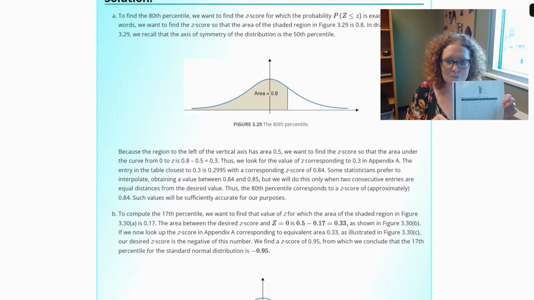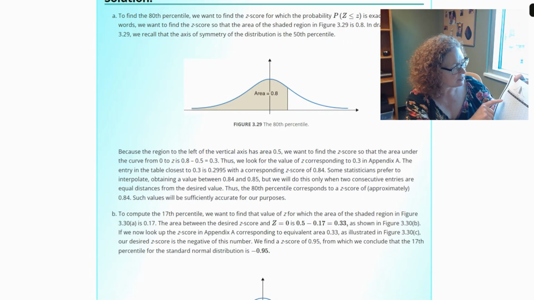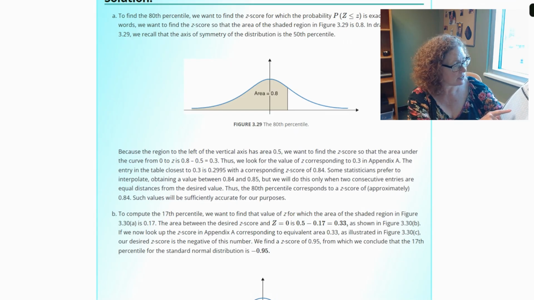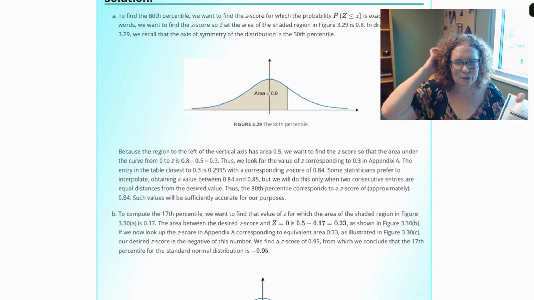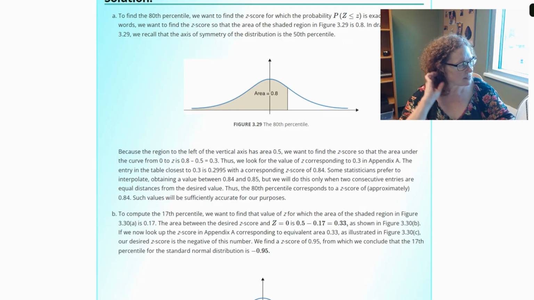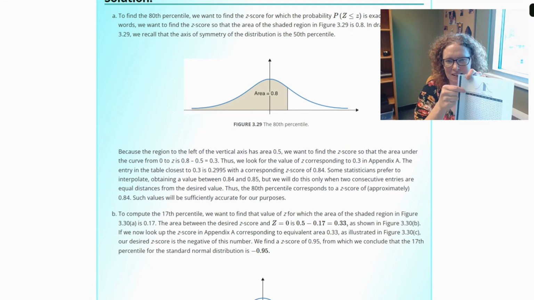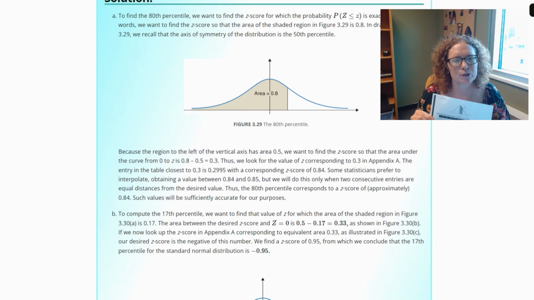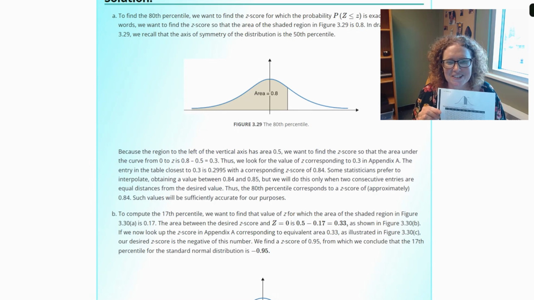Again, we have our Appendix A, and this is a little bit different because instead of starting with the Z, we're trying to find the percentile. We're looking at the area under the percentile. So we're doing this kind of opposite.